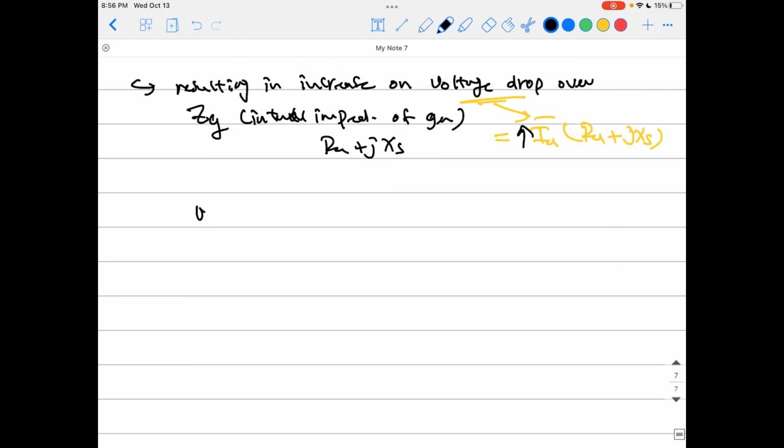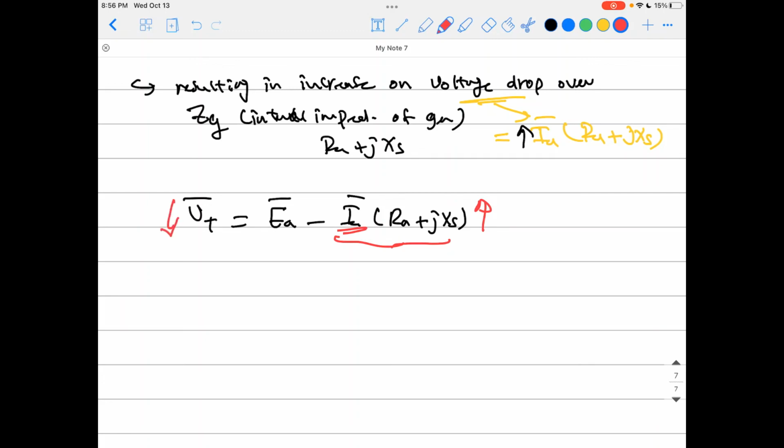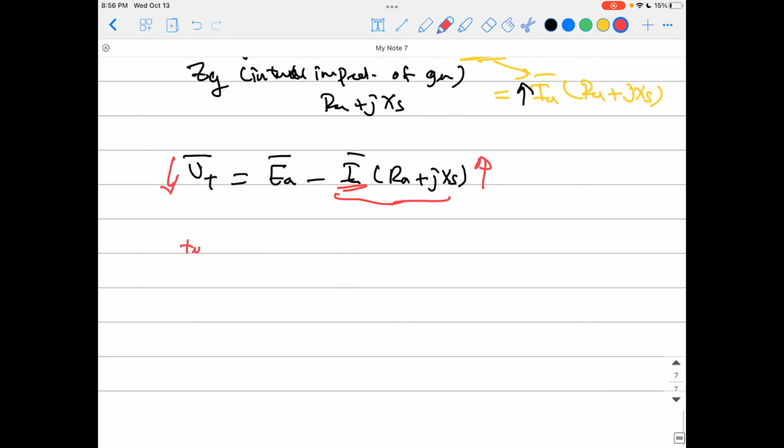The terminal voltage of the generator, which is also the voltage of the load, equals the induced EMF minus this voltage drop, IA multiplied by RA plus jXS. So if this voltage drop increases because of the increase in the current, this terminal voltage will go down. As a result, the terminal voltage reduces.